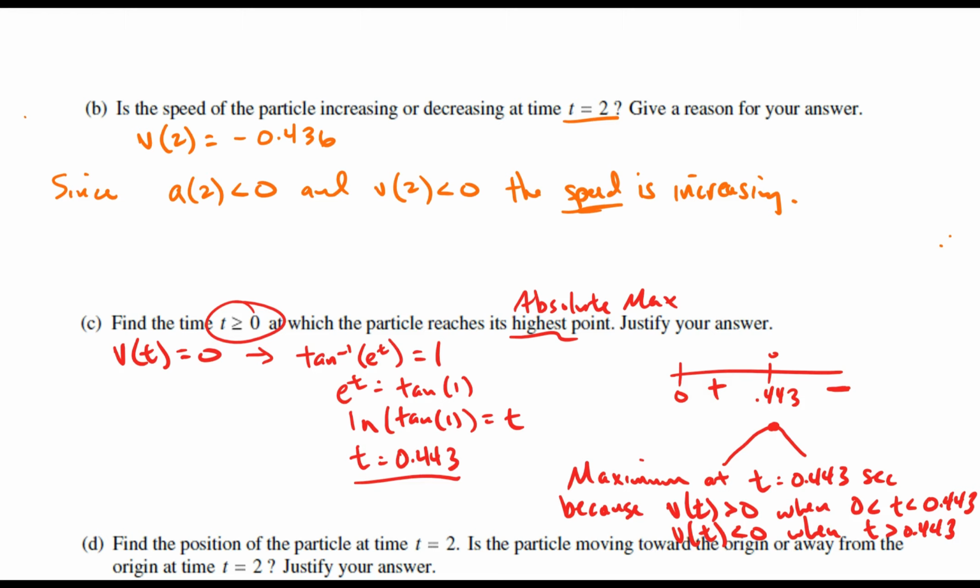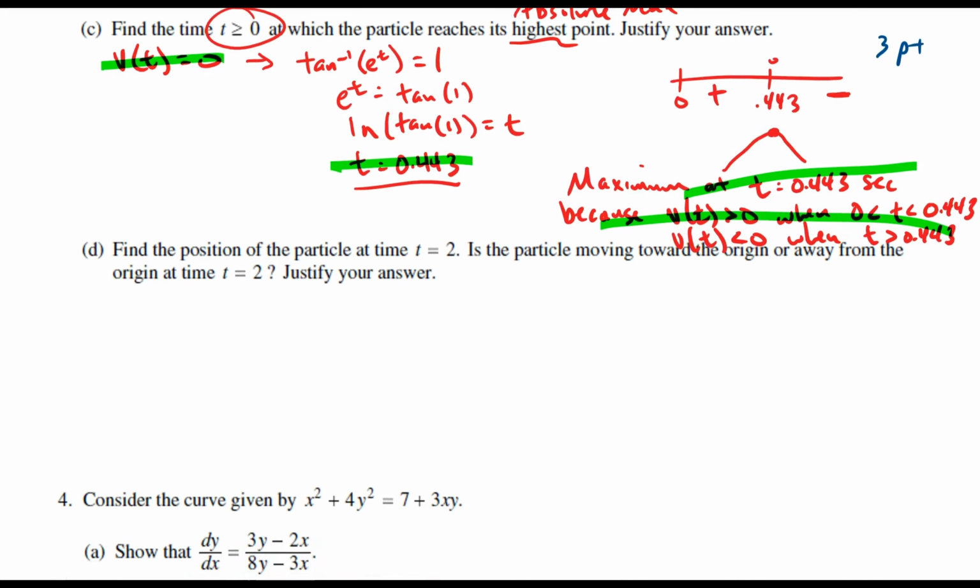So that would be our justification right there. I missed the point values on the other two parts. Part B is 1 point and this is 3 points. You're getting a point for setting v of t equal to 0, showing that 0.443 is a possible highest point, and then a point for why it's your maximum value.